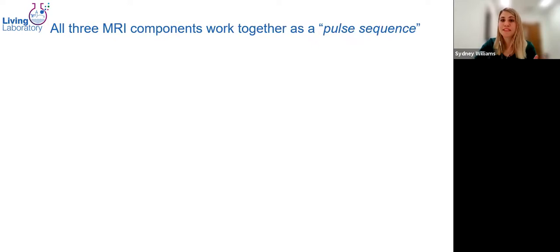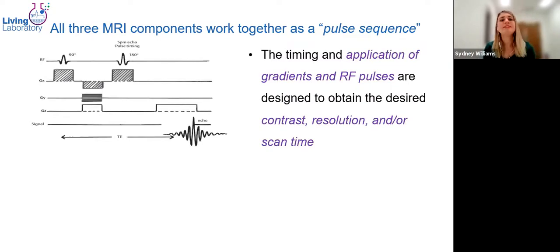So putting all those pieces together, we need to create an MR image. And we do this through some coordination between the main magnetic field, the gradients, and the RF coils in what's called a pulse sequence. So here's an example diagram of a pulse sequence.